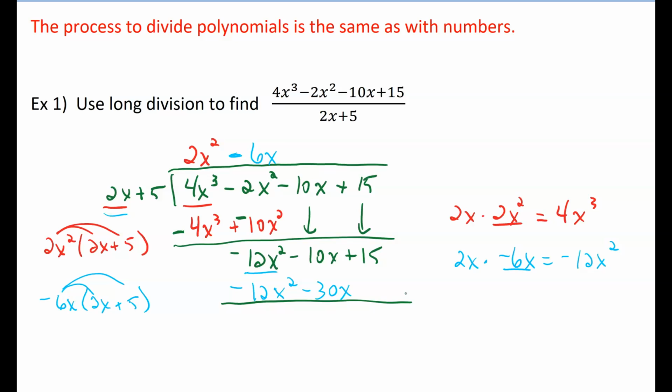You subtract it. So again, I'm going to flip all my signs. So that negative 12x squared plus 12x squared, that is now gone. And I have negative 10x plus 30x. So I've got 20x there. And I'm going to carry down my last term of 15.